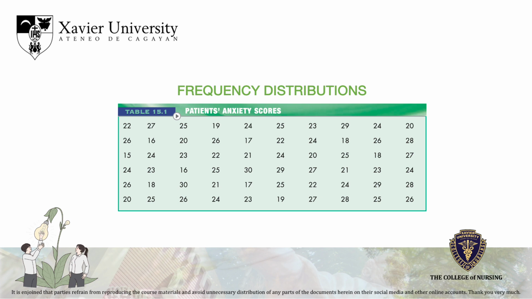Consider the 60 numbers in the table provided. Let us assume that these numbers are the scores of 60 preoperative patients on a 6-item measure of anxiety, with scores on an interval scale. Visual inspection of the numbers in this table provides little insight on patients' anxiety.